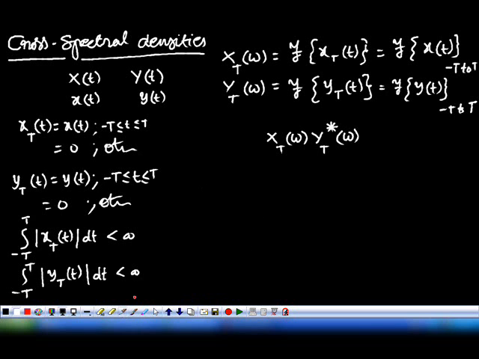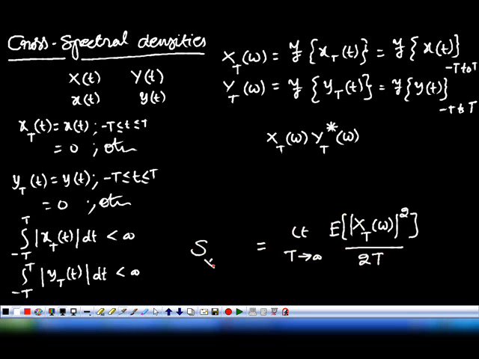So we already know that the expectation of mod XT of omega whole square divided by 2T, in the limit T tends to infinity, is the power spectral density.